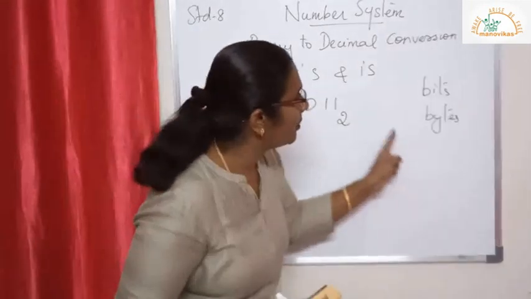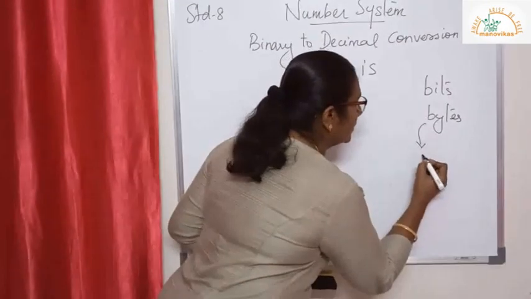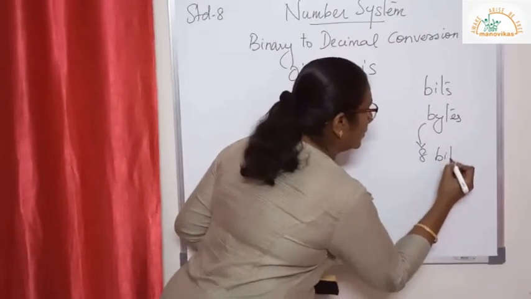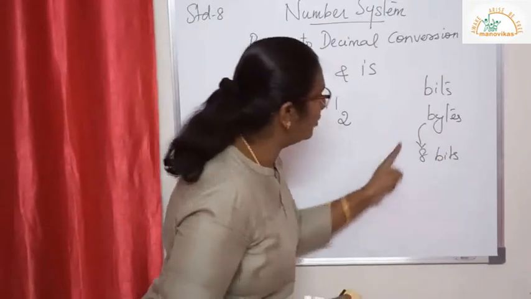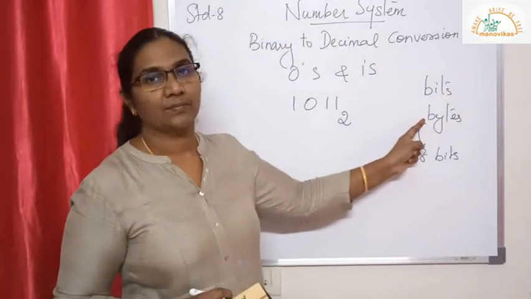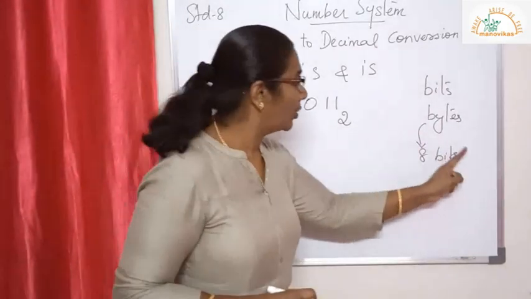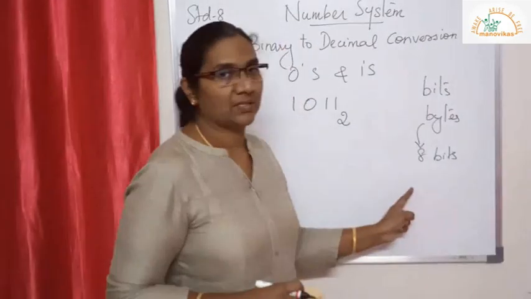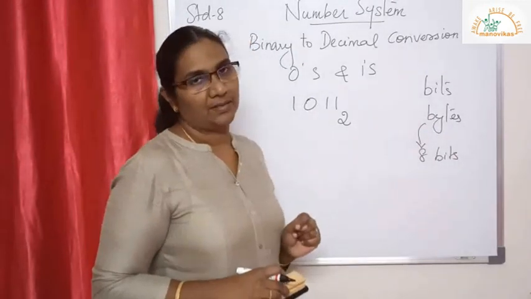Now, what is a byte? A combination of 8 bits, we call it a byte. Byte means a collection or group of 8 bits. A group of 8 bits, we call it 1 byte.